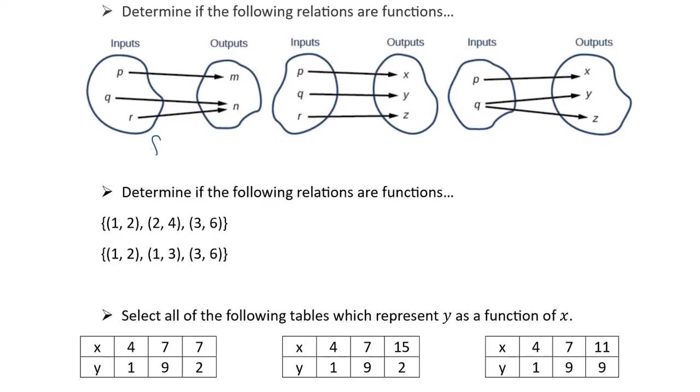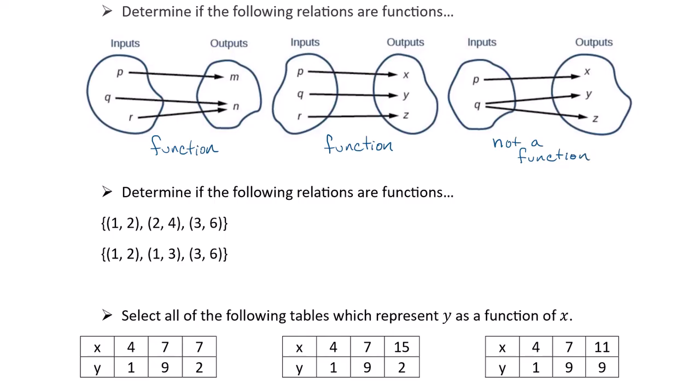So this is a function. This input is going to exactly one output. Same here, same here. This is again a function. Here, this input is getting routed to one output. This input, however, is going to two different outputs. So this is not a function.